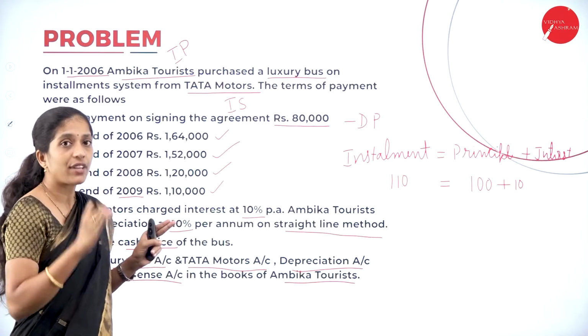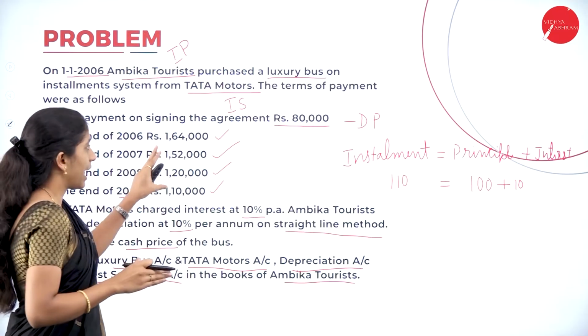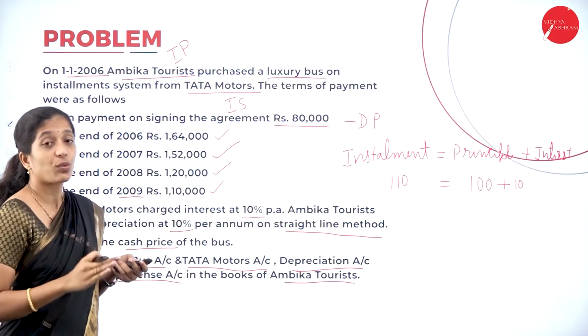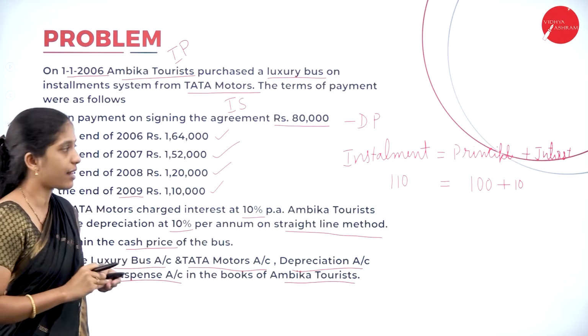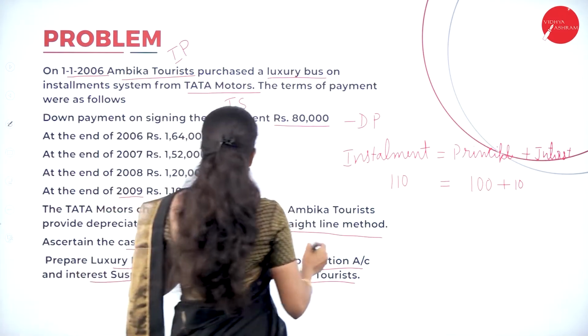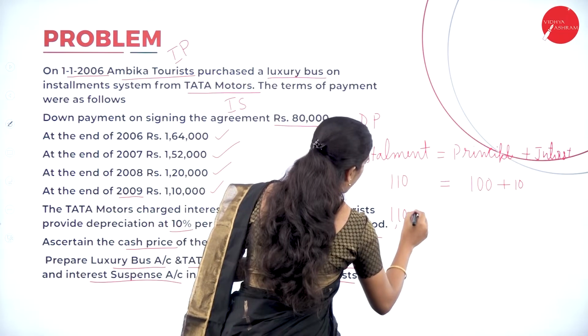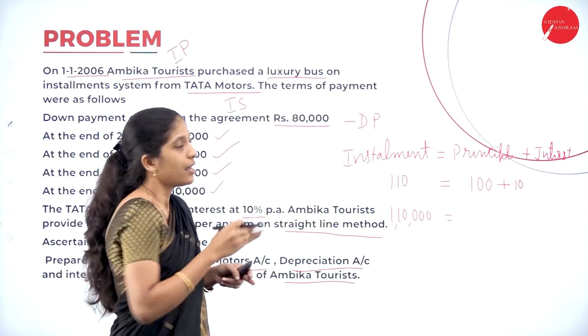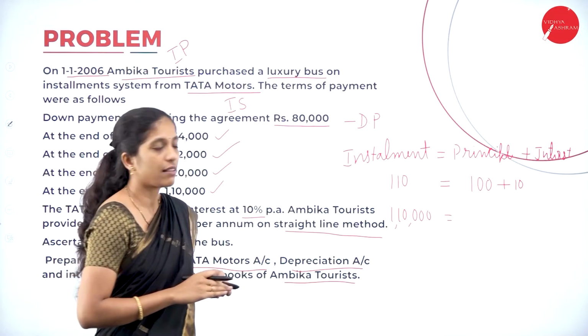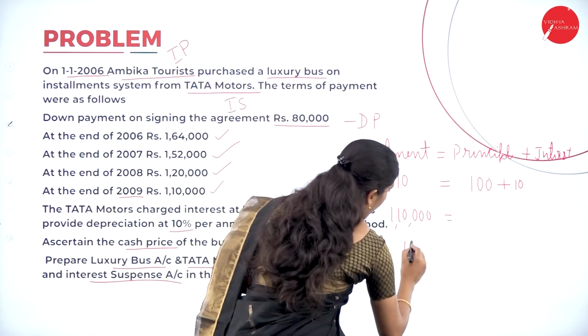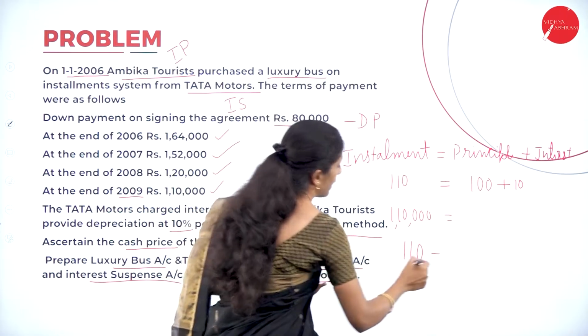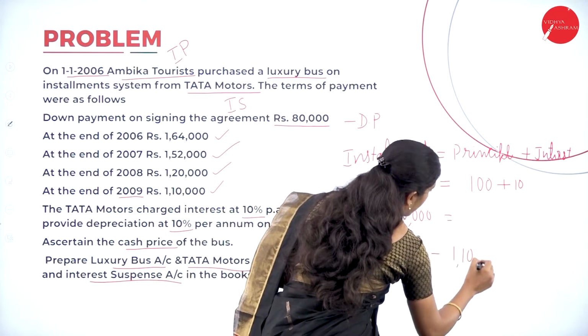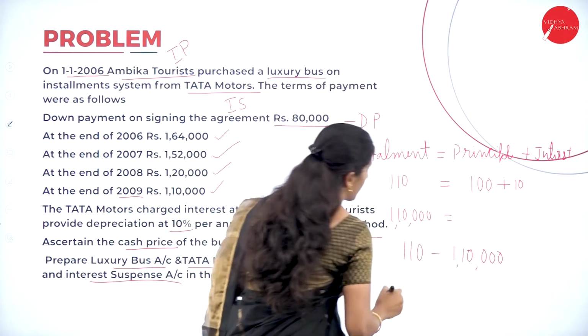Now, if you take the fourth year, how much installment amount have they given? As I told, if they give such a type of question and they have given the installment, it means it is inclusive of interest. They have given 1,10,000 as the installment. We don't know what the principal is, so we have to calculate the interest. For 110%, we have 1,10,000 and we want the interest separately.